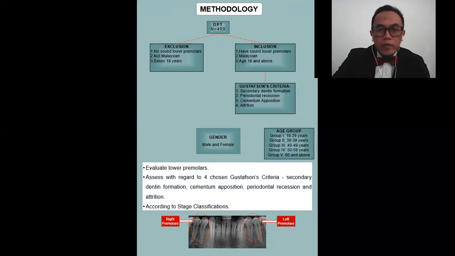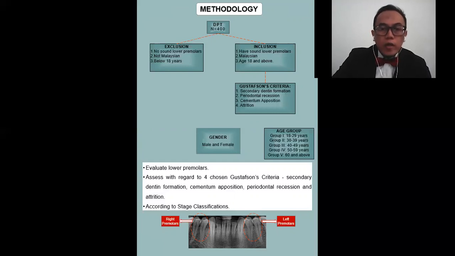Then I check the 4 Gustafson criteria, which are secondary dentin formation, periodontal recession, cementum apposition, and attrition of the lower premolars. Why did I choose these 4 criteria from Gustafson? Because previous studies show that only these 4 criteria can be evaluated and analyzed with radiographs.